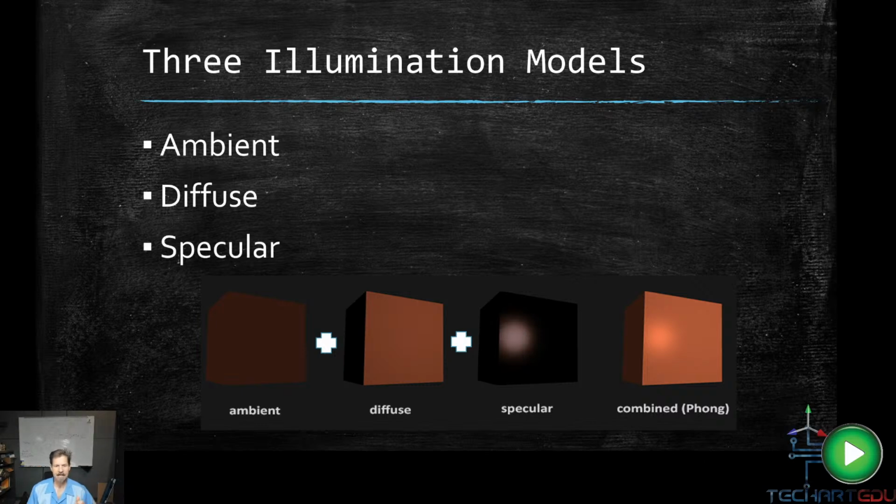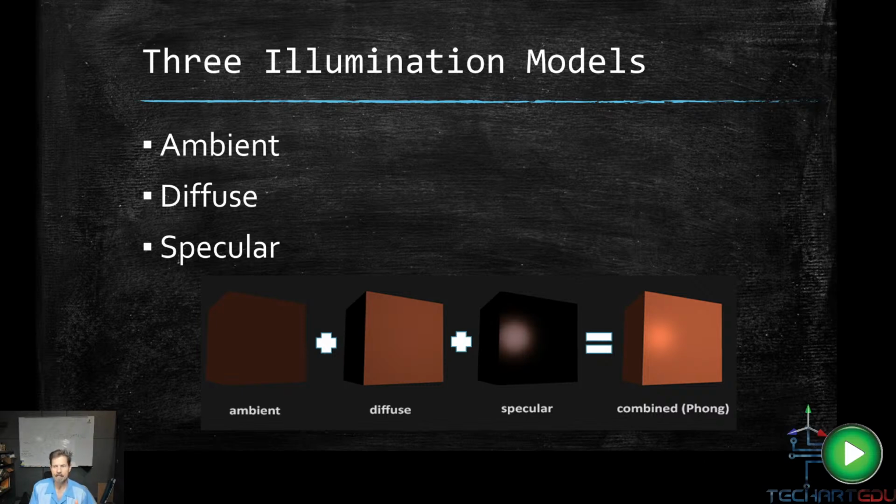You'll notice inside my diagram a little plus sign showed up, because really they are going to be adding to each other. When you add the ambient plus the diffuse and the specular, you end up with the full combined illumination model. Now it says Phong in there, and this is actually called Phong illumination, and we'll explain what that means.